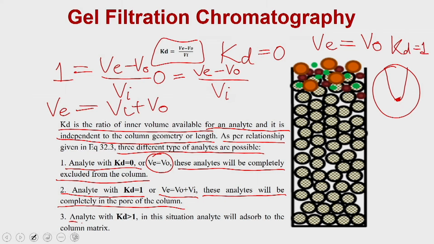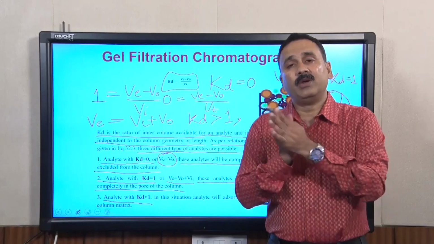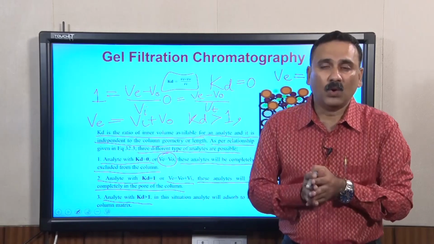Now, if you have a Kd value which is bigger than 1, what that means is that VE is going to be bigger than Vi plus Vo.